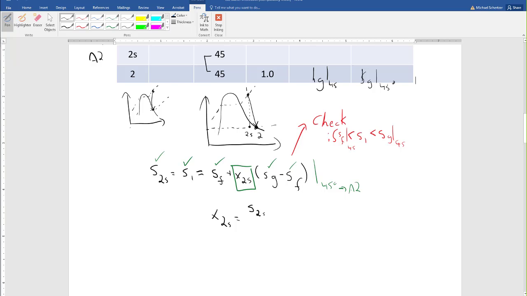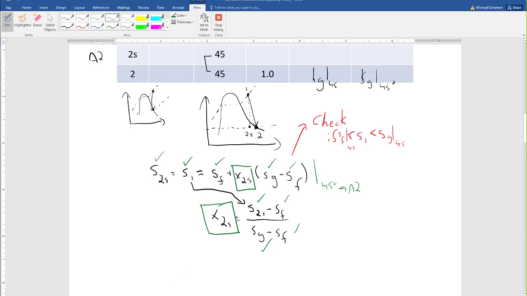I'll say 2S just so it's less confusing, but I'll remind myself here that S2S is S1. So in this equation, I know all these S's, so that's going to give me X2S.